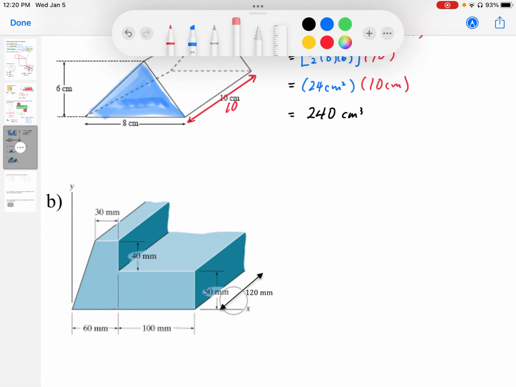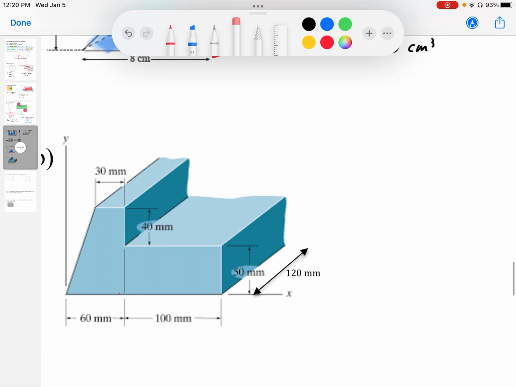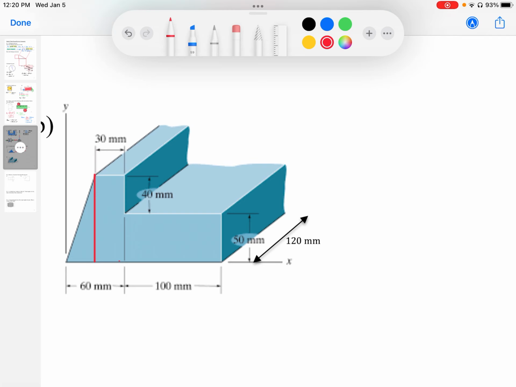So I'm going to find the area of the different pieces of this. So again, make note that the difficulty of this problem is not the individual calculations, but just keeping track of it all. So I'm going to find the area of this triangle.